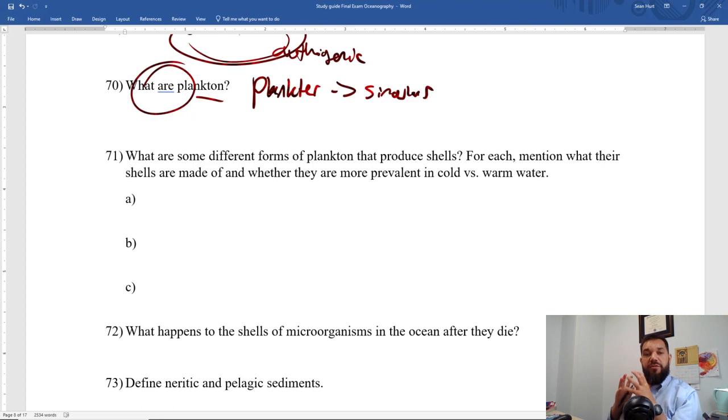The vast majority of plankton consists of algae and microscopic protist type organisms that are too small to sink to the bottom. Because remember that if you're photosynthetic, you want to be near the top where the sunlight is. So you want to be very, very small so you float. Okay, so that's the idea. The plankton float for the most part near the surface, and they drift along with wind and currents. Okay, that's what plankton are.